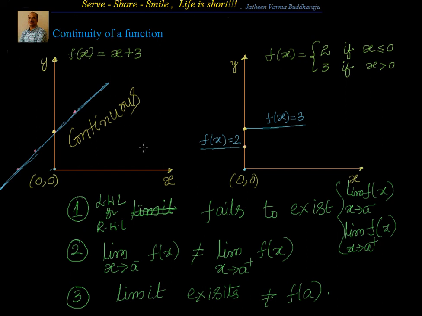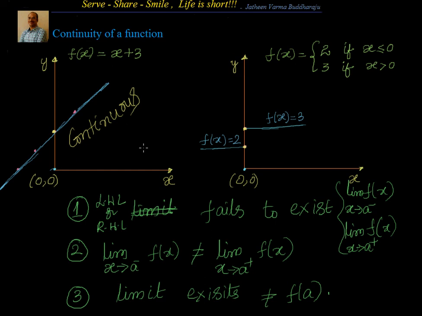If we want the function to be continuous on a closed interval, then the function should be continuous for all the values in between, that means the open interval. The right hand limit at a should be equal to f of a, and the left hand limit at b should be equal to f of b. If these hold, then we say that the function is continuous in the interval.